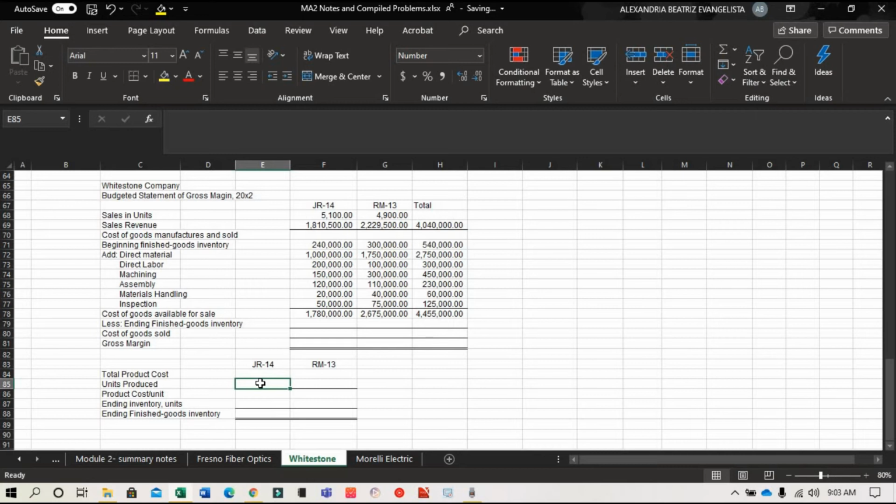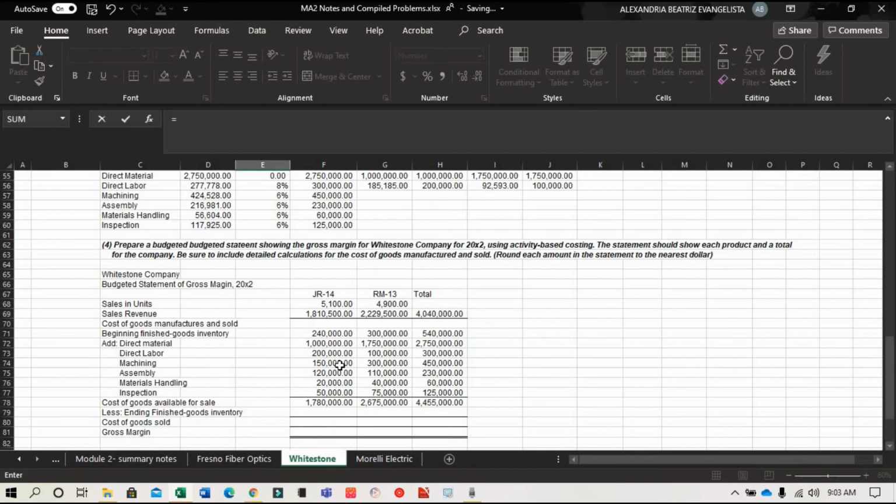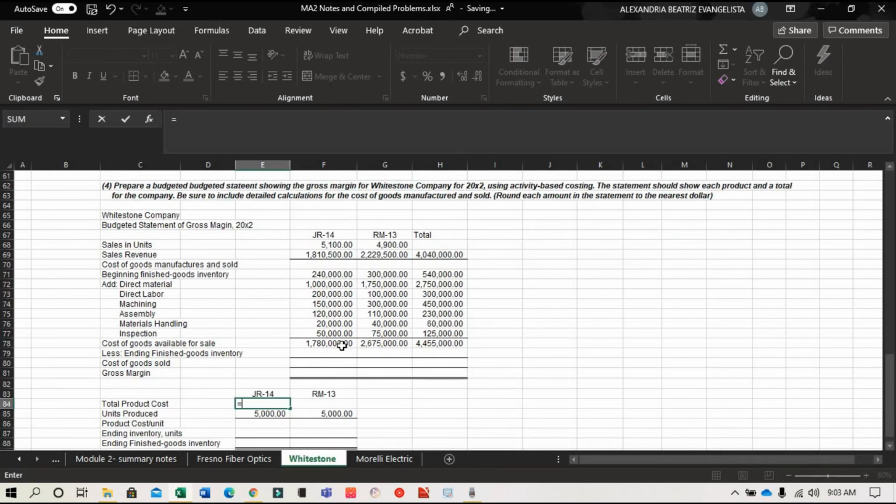Now let's compute for the ending finished goods inventory. For the units produced, of course, that is 5,000 for JR14 and 5,000 for RM13 as well. The total product cost, to compute for that, we're just going to deduct the cost of the beginning finished goods inventory from the cost of goods available for sale.